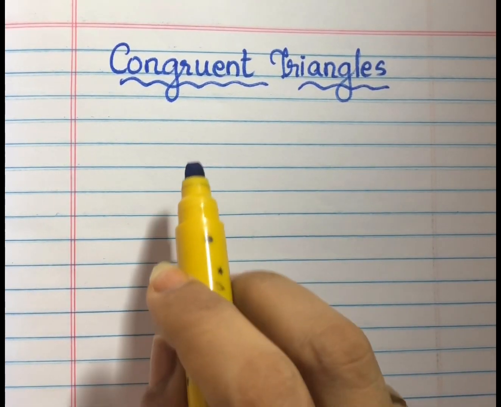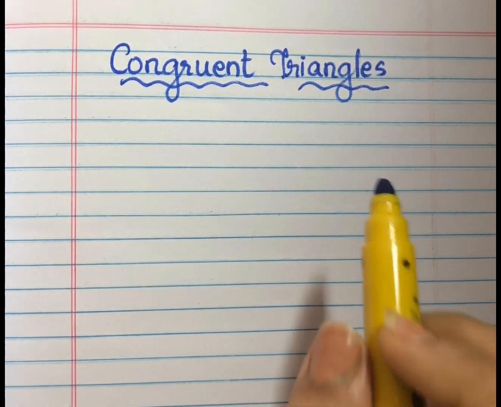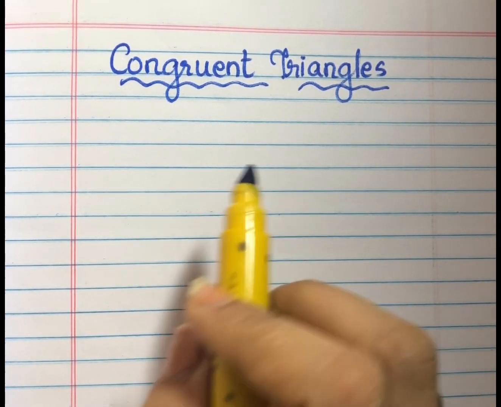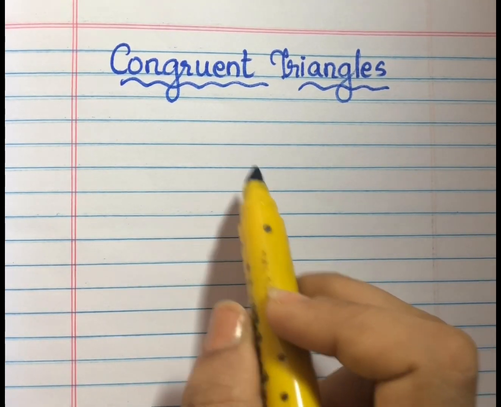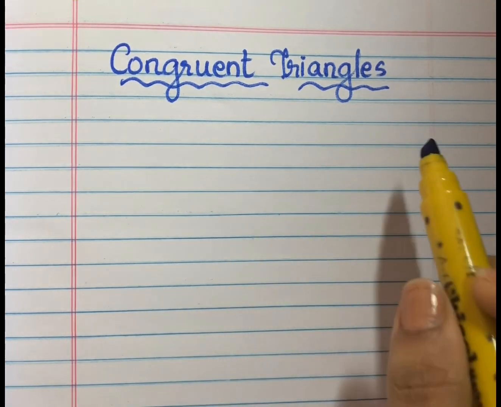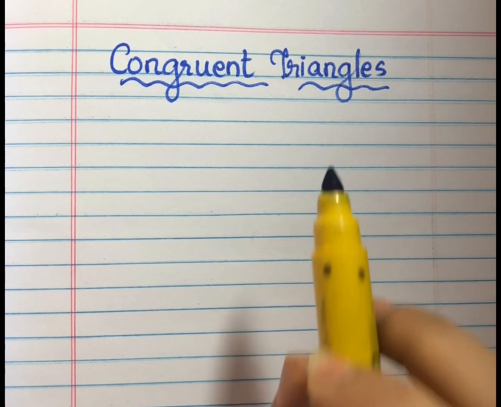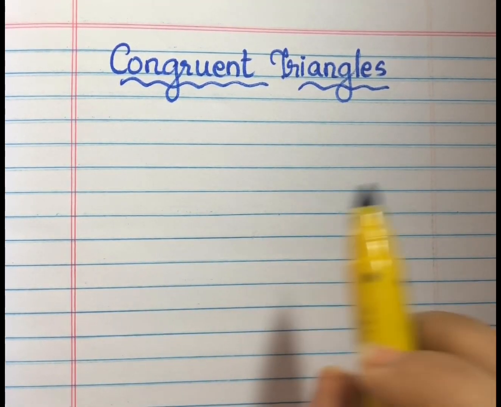Okay, so now here we will study what are congruent triangles. Congruent triangles are also two triangles of the same size and shape. That is, corresponding sides will be equal and corresponding angles of one triangle will be equal to the other triangle.